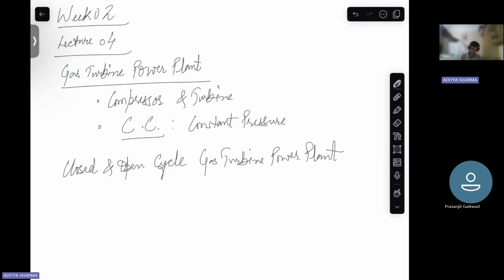At present, I am discussing the topics of lecture 4 briefly. So closed and open cycle gas turbine power plant. What do we mean by closed and what do we mean by open? This has to do with the movement of working fluid in your engine.